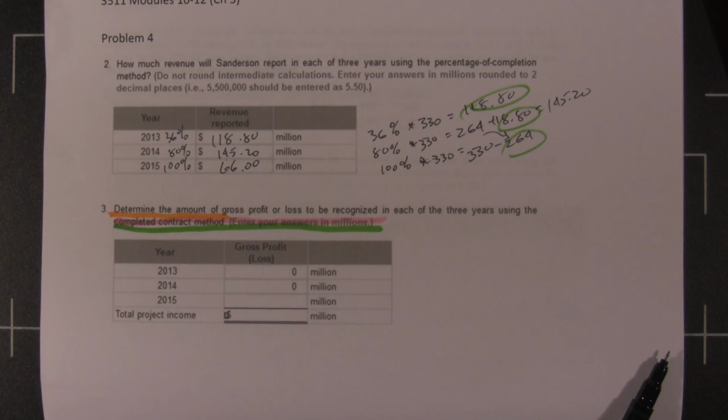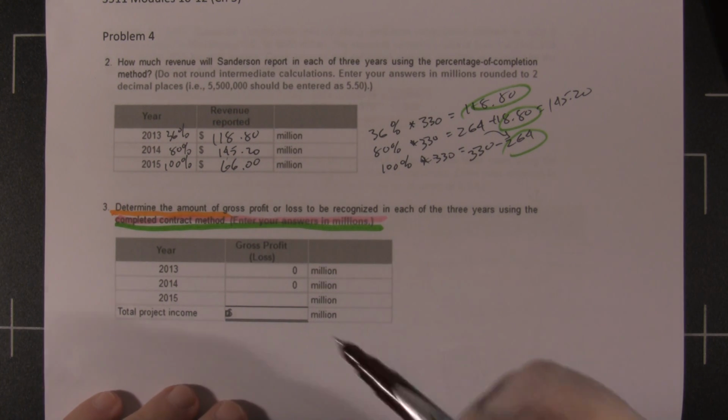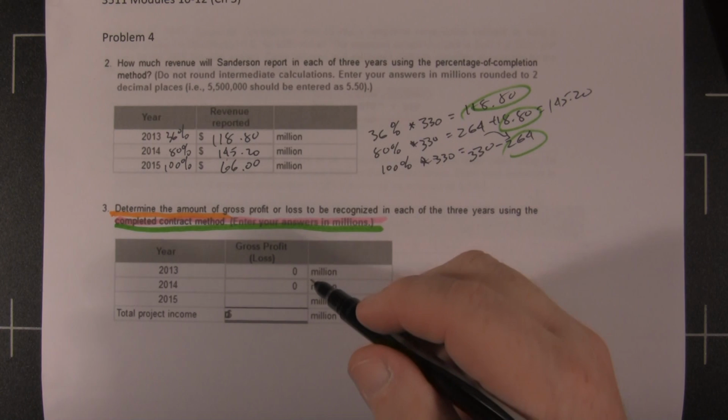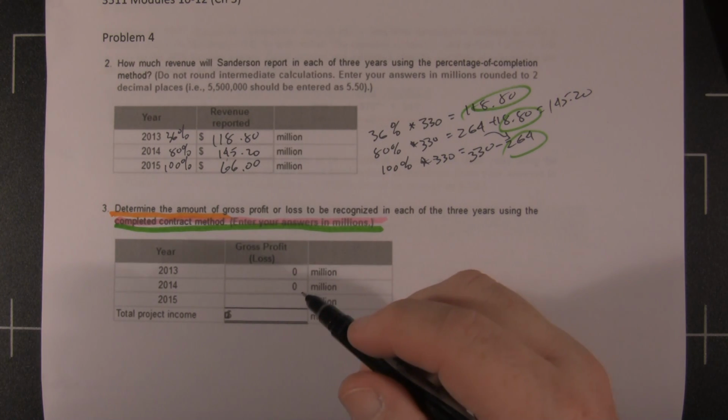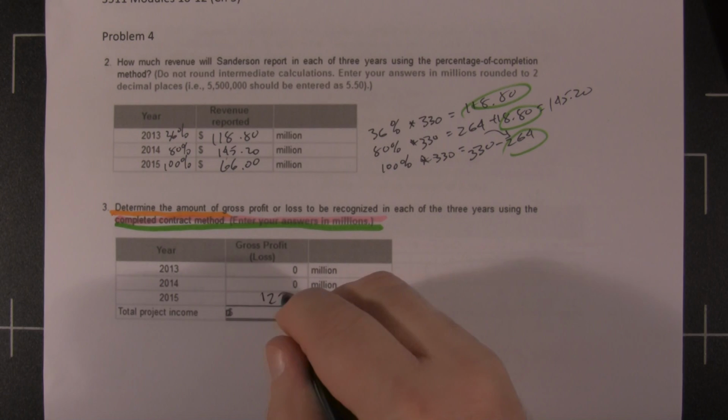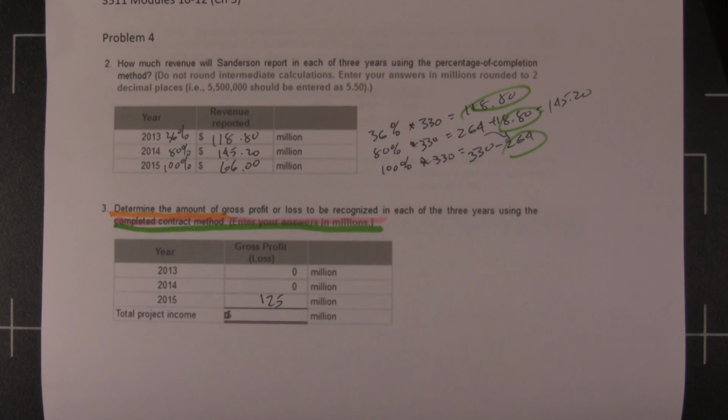So we recognize 0 in year 1, 0 in year 2, and in year 3 we recognize all of the revenue for the completed contract method, which would be the 330 minus the 205, 125 million. Completed contract method.